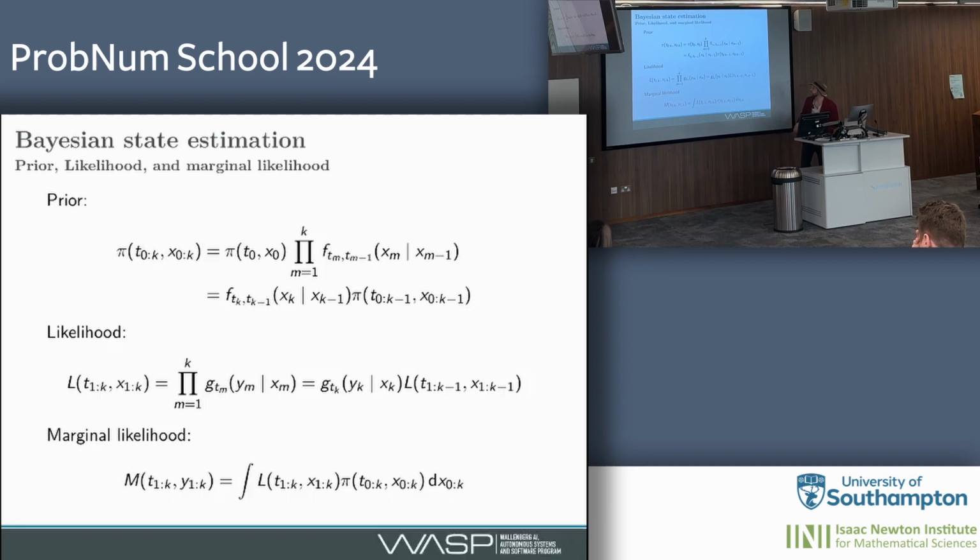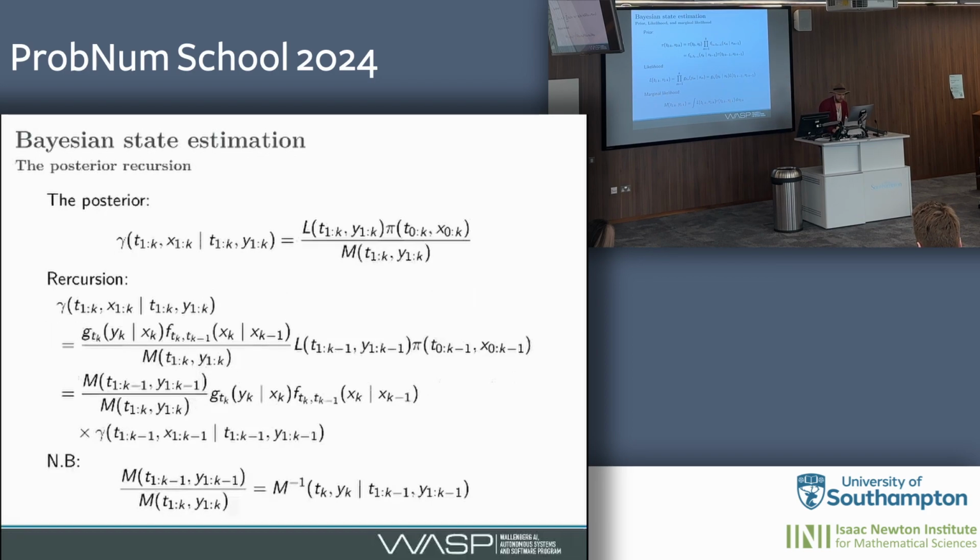Then we also have the marginal likelihood, which we need to normalize the posterior, and that's just likelihood times prior, and then you integrate. So how does this work? The posterior, I'm going to call it gamma, is equal to likelihood times prior divided by the marginal likelihood. And it has, again, a recursive structure.